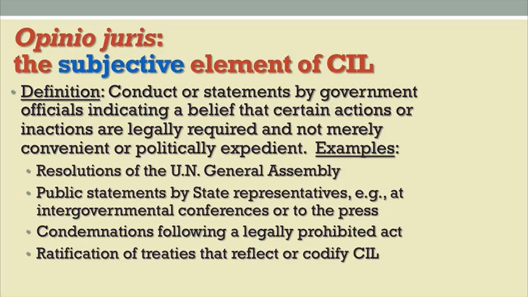It's also a background norm, such that when states behave in a regularized way and begin to treat each other's actions as if they are legally mandated, that becomes a source of future legal obligation. Since we don't have a single international legislature or executive branch, we need custom as a way of decentralized lawmaking by the nearly 200 nations in the international legal system. So that's a brief discussion of custom.